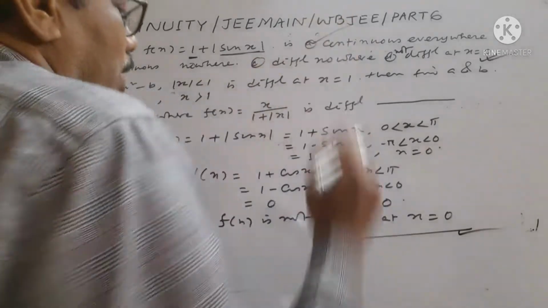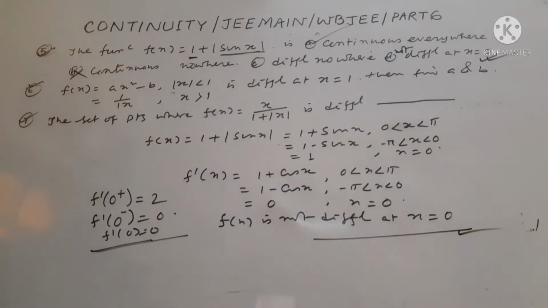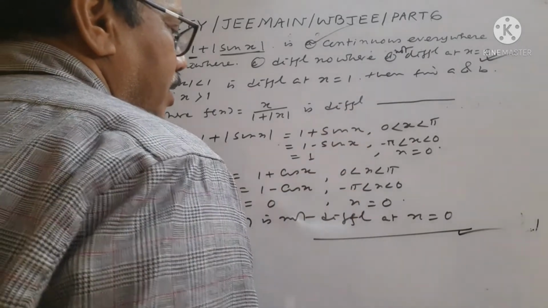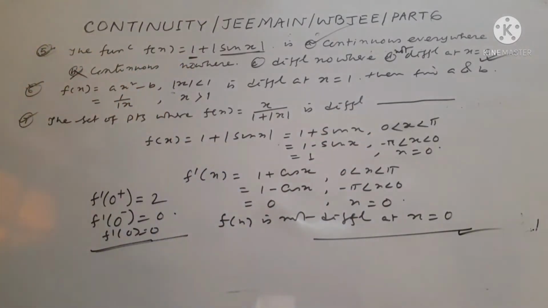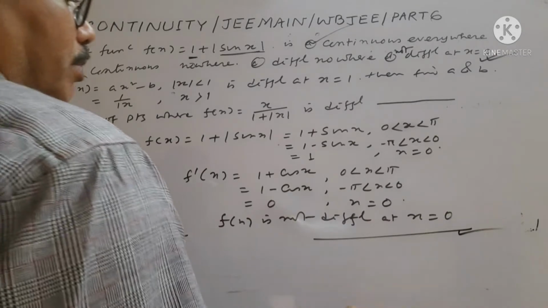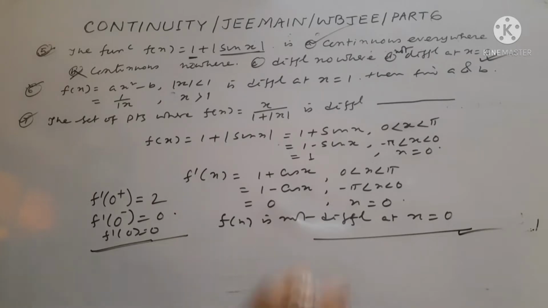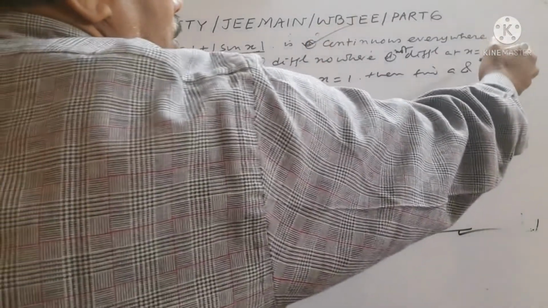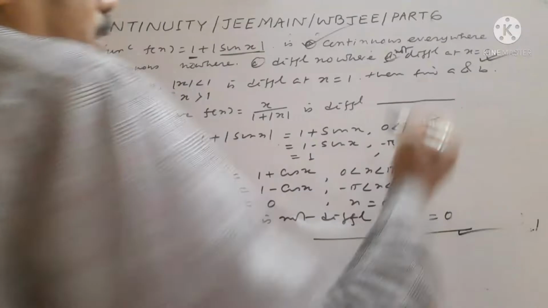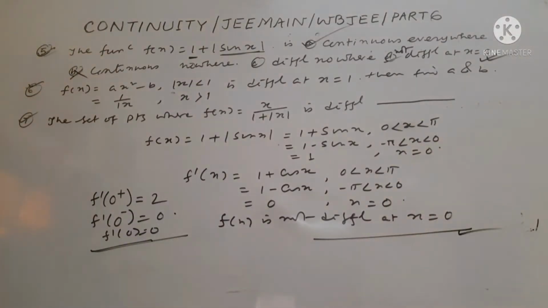Differentiable nowhere: it is not differentiable at x equals 0, but it is differentiable in between 0 to pi. So option A and option D are the correct options.